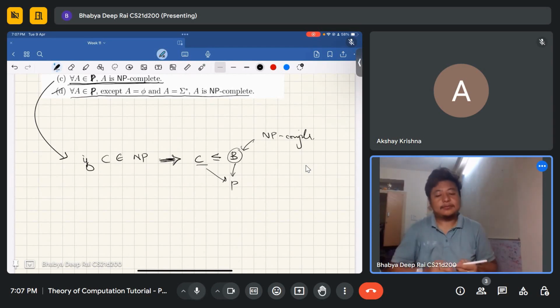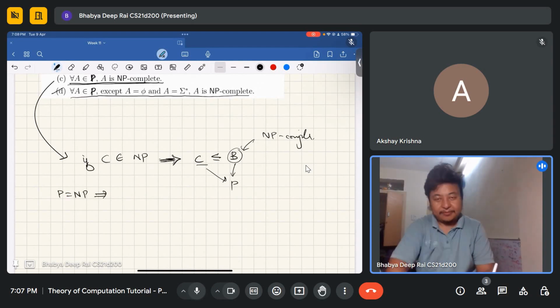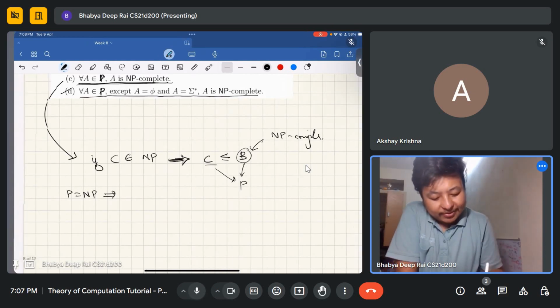Now, by assumption, P equals NP. If P is equal to NP, then what happens? Then B is in P.